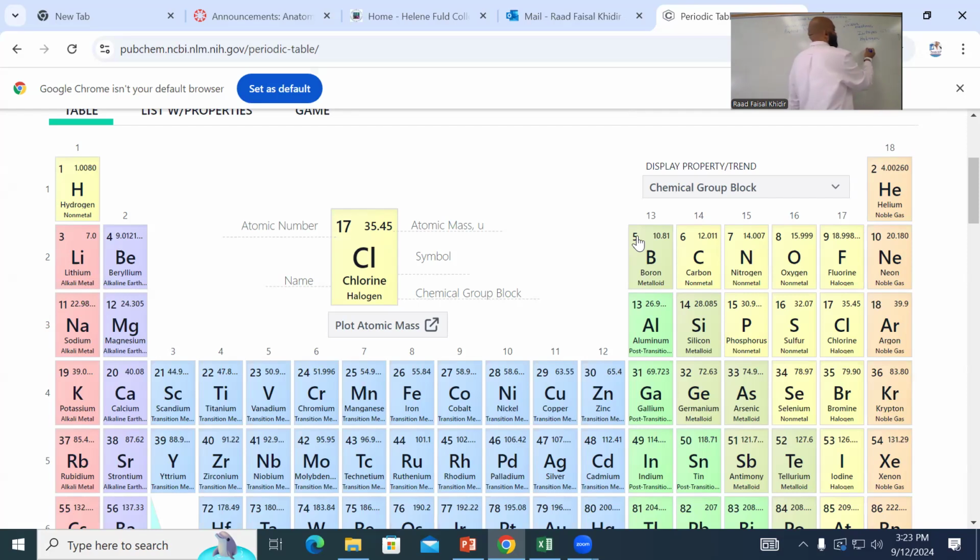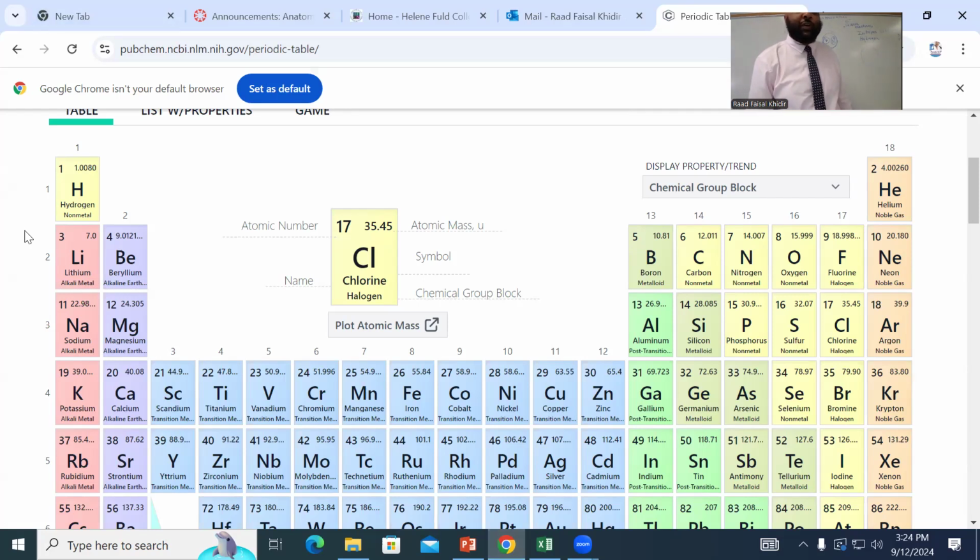So that means they must all have the same what? Inside their nucleus, they must all have the same number of, if they are going to be isotopes, and I'm telling you already that hydrogen, deuterium, and tritium are all isotopes. So if they are all isotopes, they all must have the same number of protons.